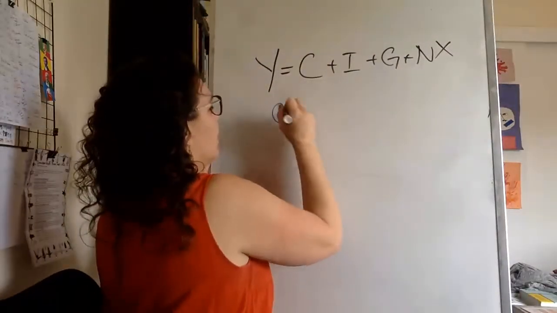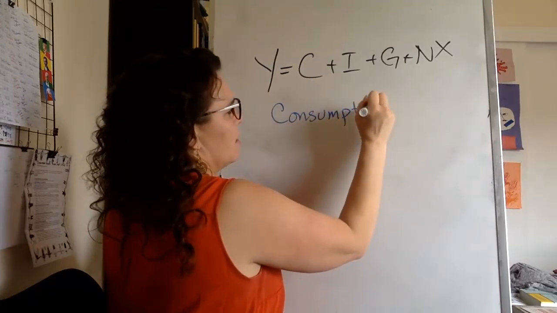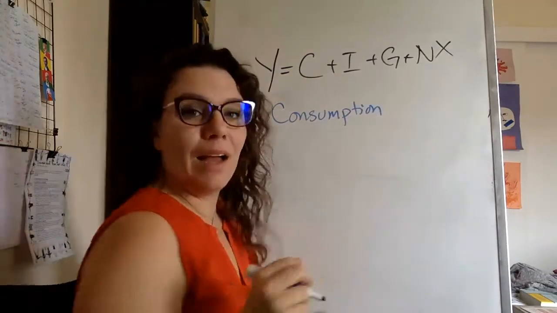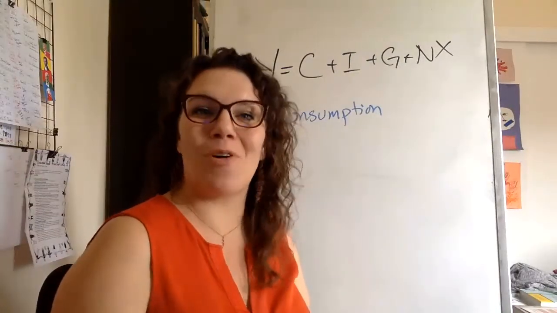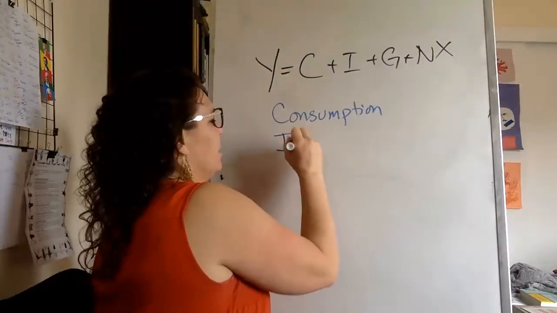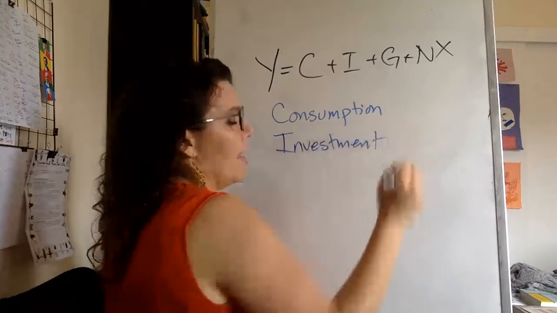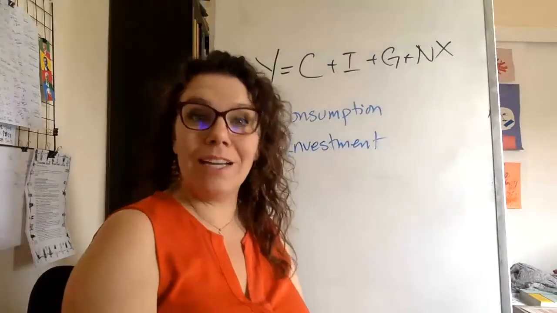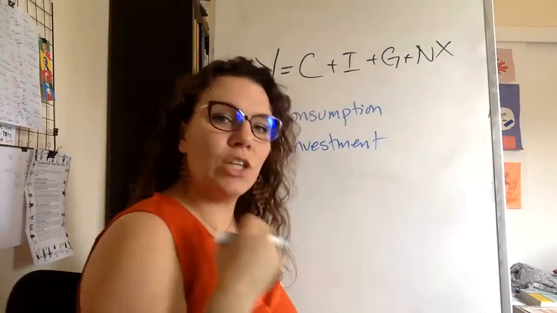They are consumption, which means anything bought by households and individuals, anything not bought by a business or by a government that's produced domestically. I is investment, and that is anything bought by a company or for a business that's produced domestically within that year, and that includes inventory.